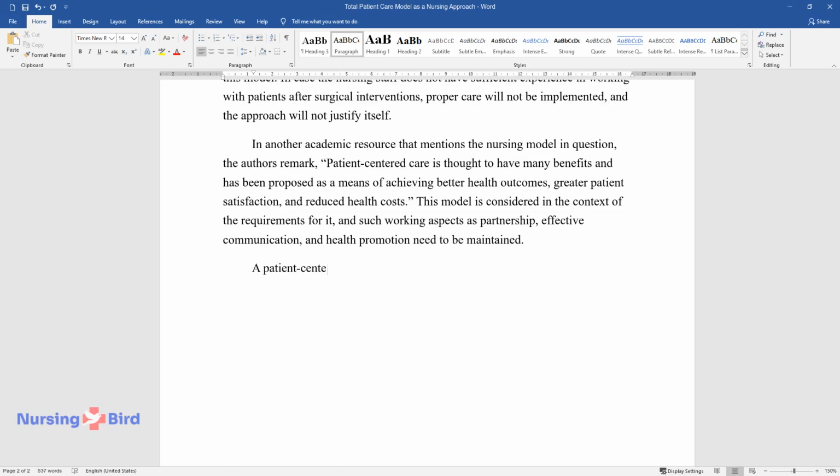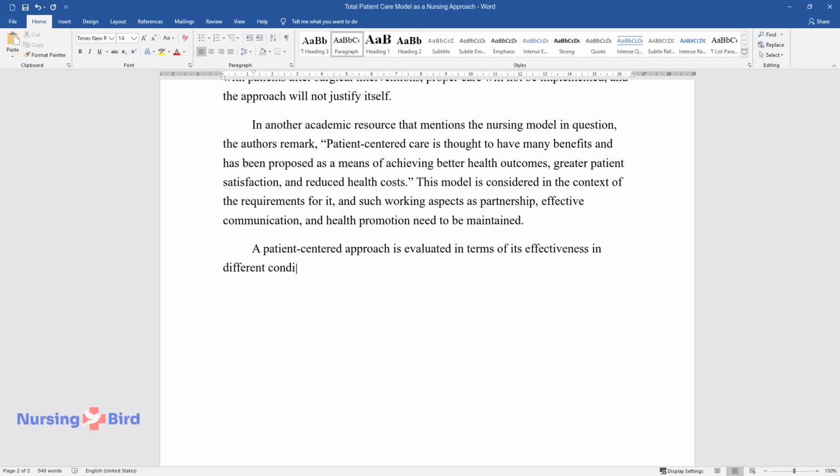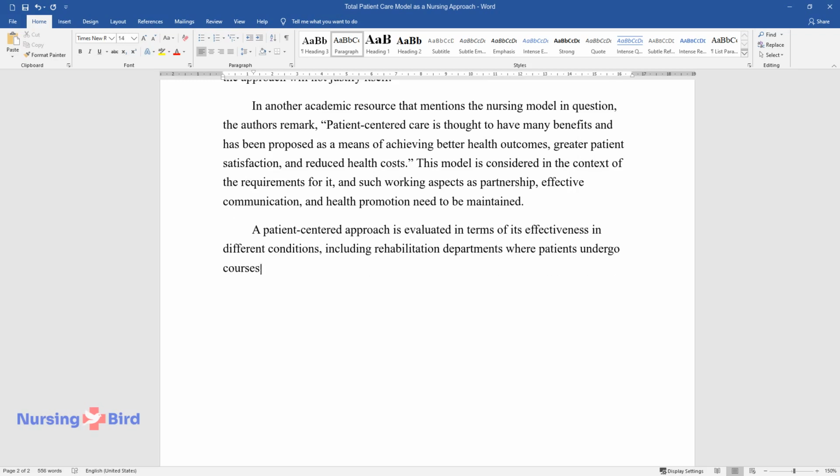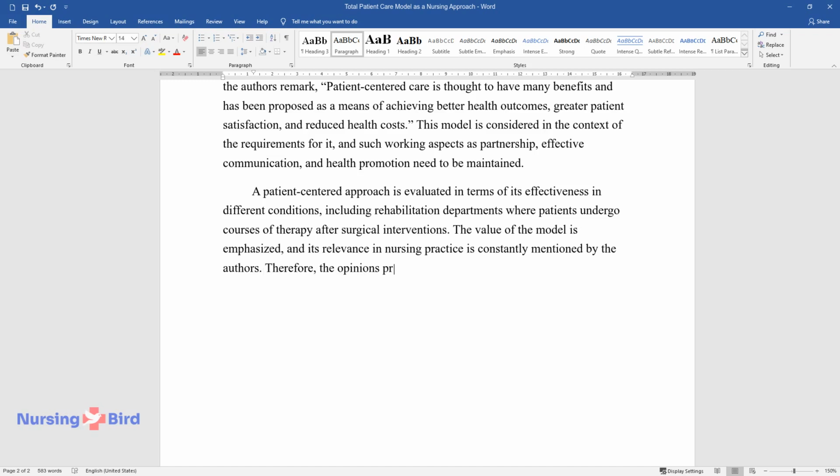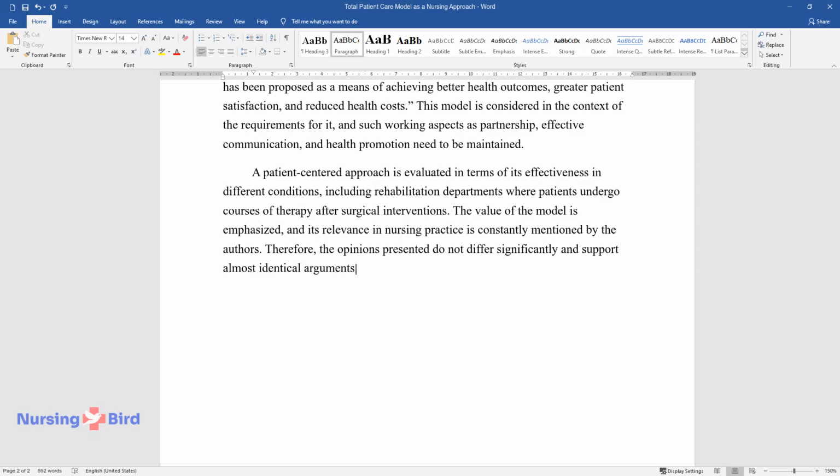A patient-centered approach is evaluated in terms of its effectiveness in different conditions, including rehabilitation departments where patients undergo courses of therapy after surgical interventions. The value of the model is emphasized, and its relevance in nursing practice is constantly mentioned by the authors. Therefore, the opinions presented do not differ significantly and support almost identical arguments.